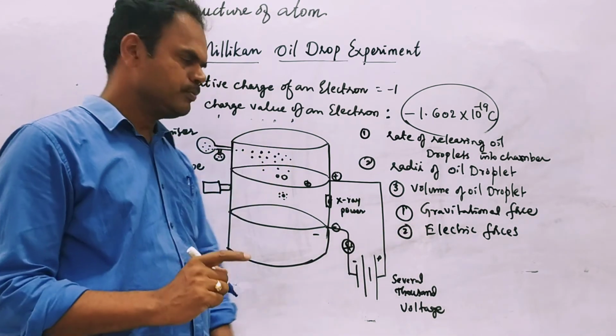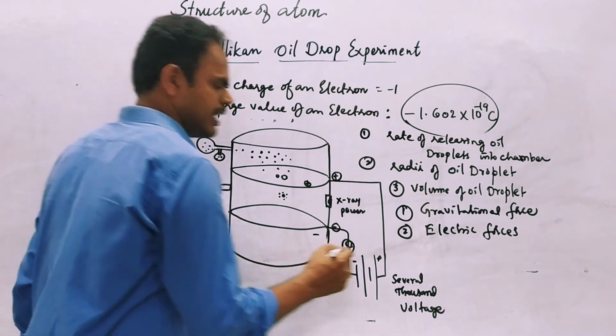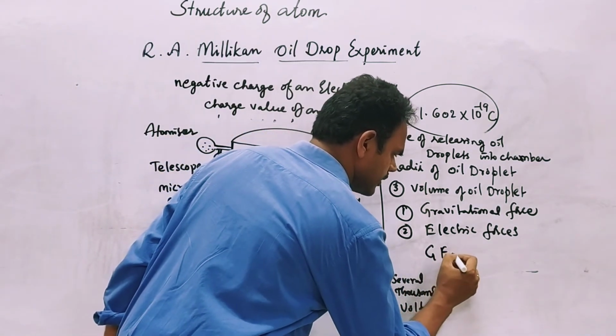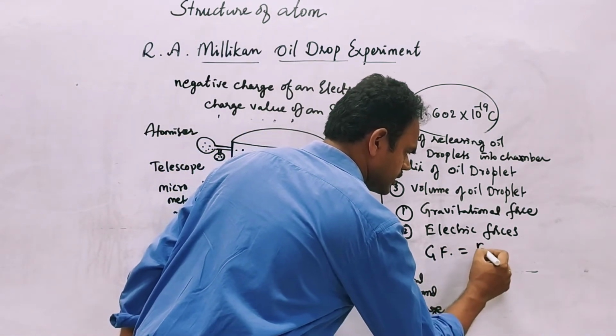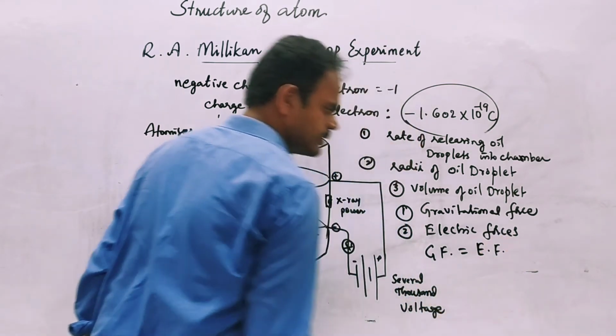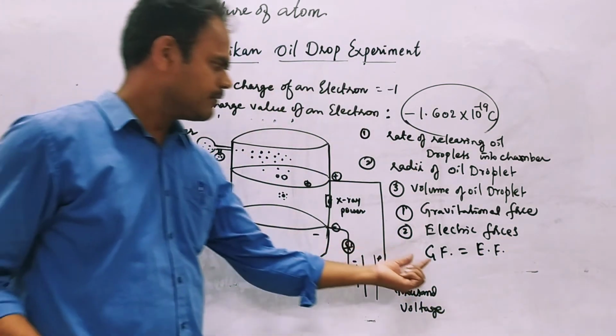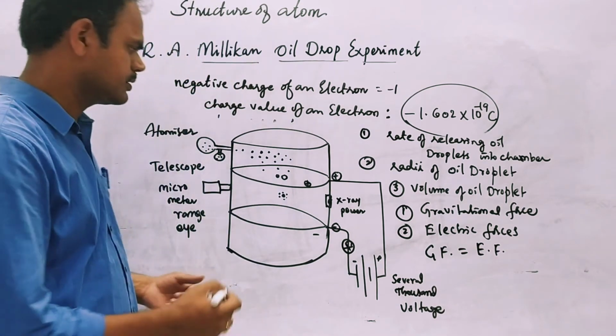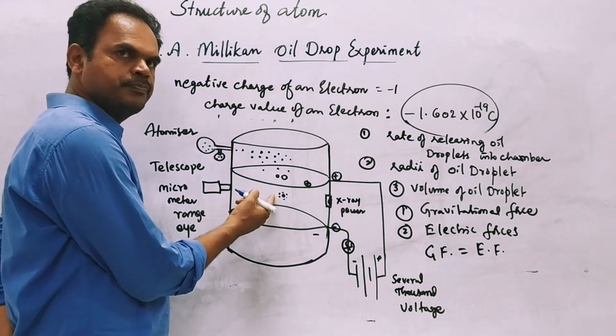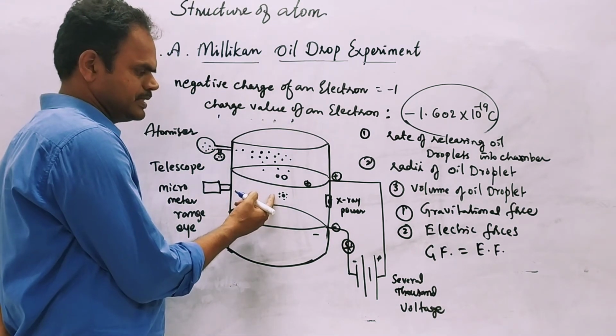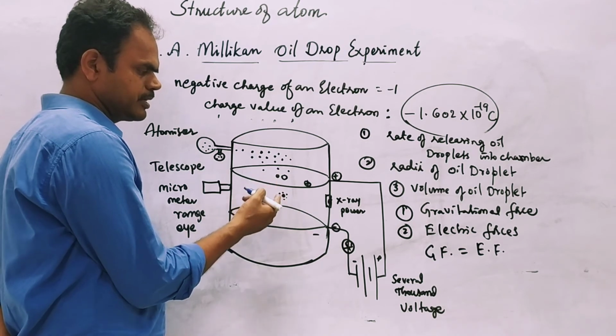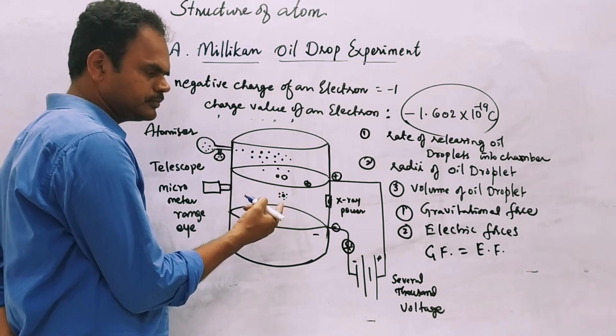At one particular moment, the gravitational force is equal to the electric force. When the gravitational force is equal to the electric force, the oil droplet's motion will be suspended, or the oil droplet will become stationary.